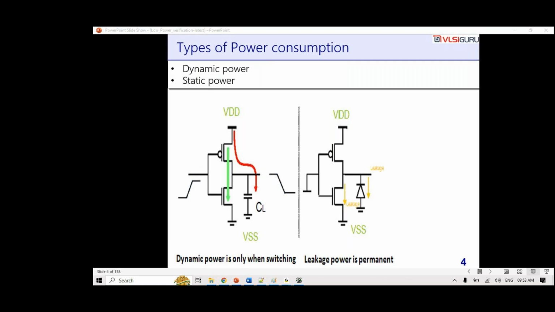So when it happens, there is a period of time where the PMOS is partially conducting and the NMOS is also partially conducting. So there is a path established between VDD and VSS. VSS is the ground, VDD is the voltage supply. This also leads to one power consumption. So dynamic power has basically two components. One is indicated by the red line, and one is indicated by the green line.